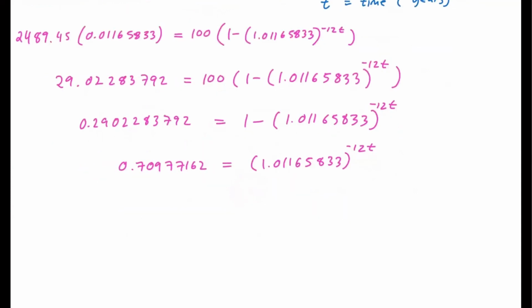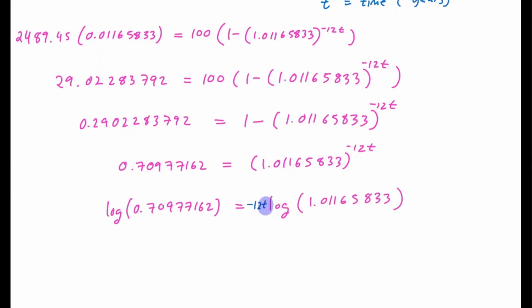And now I'm going to go ahead and take logarithms. Since the variable I'm solving for is an exponent, we need to bring it down, so we'll apply a logarithm on both sides. So you'll have log of 0.709776162 is equal to log of 1.01165833 to the exponent of negative 12t. And now, of course, by laws of logarithms, we can simplify the right-hand side. So negative 12t comes forward. And now finally, we're solving for t right here.